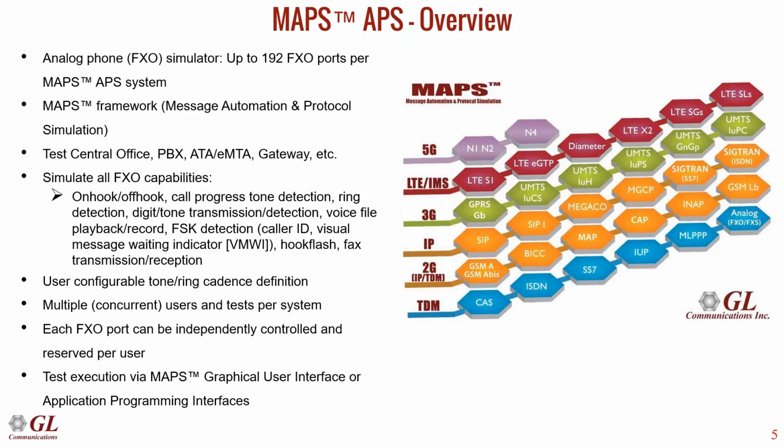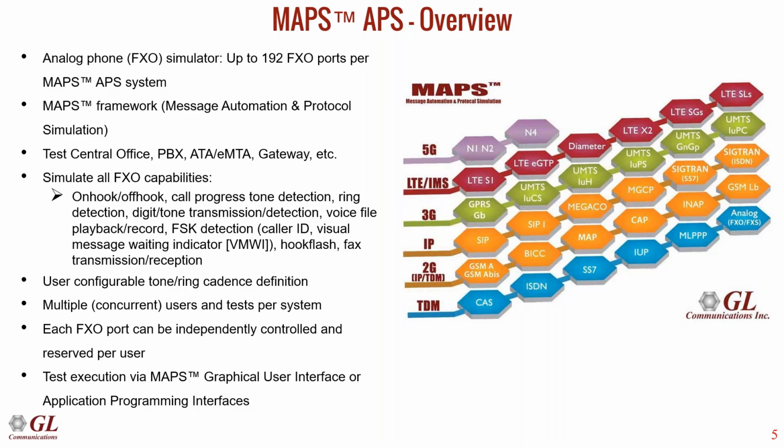Now, the other thing I wanted to mention is, let's say you get a system with 192 ports, or you can scale down, you get 96 ports, 48 ports, whatever you want, depending on your requirements. We mentioned that each port can be independently controlled. And we also mentioned that you can have multiple users. Well, that's an important thing.